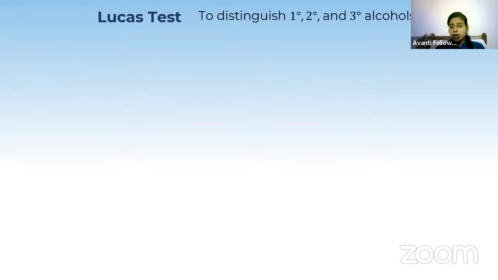Now let's go ahead with one more reaction, and the name of that reaction is the Lucas test. Basically this test is used to distinguish primary, secondary and tertiary alcohols.